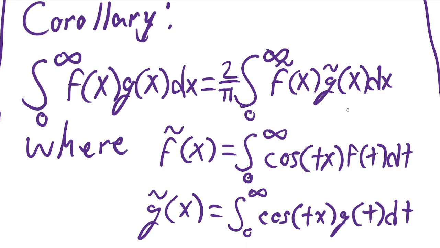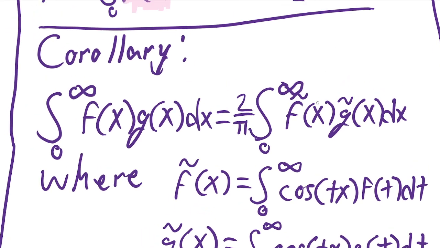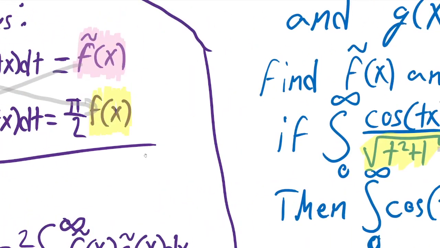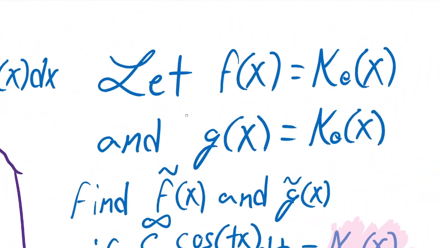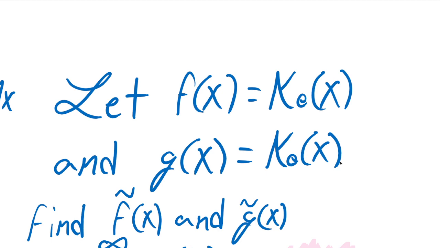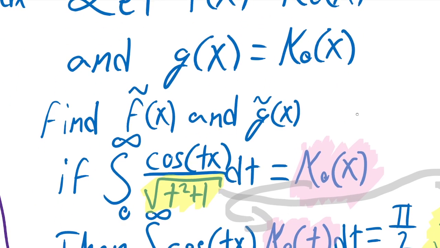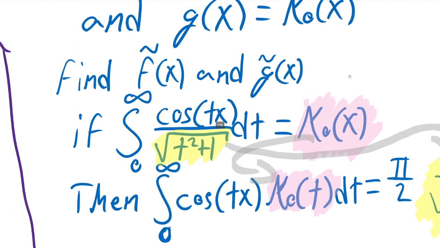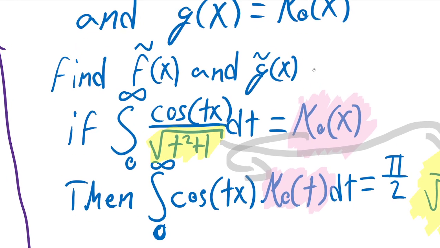Okay, so now we're going to let f of x equal K sub 0, and g of x also equal K sub 0. So f of x equals g of x at the end of the day. To find this, we're going to use the first one. So we're going back to this cosine definition.